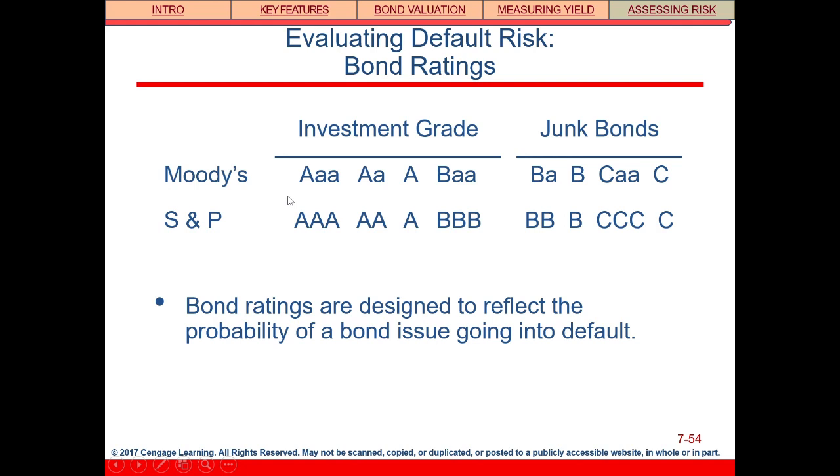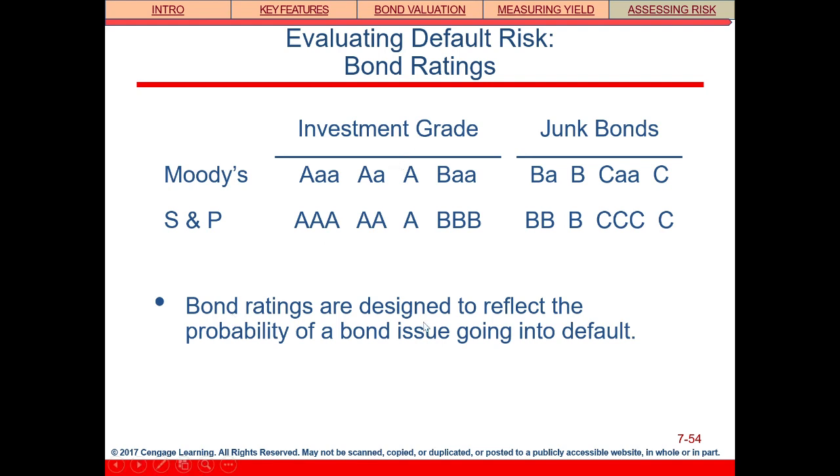What I want you to know is the highest credit rating is AAA. No matter which company's rating you are using, it's always AAA. The difference between investment grade and junk bonds is BBB. Anything below BBB or Baa is called a junk bond, and anything above is investment grade.